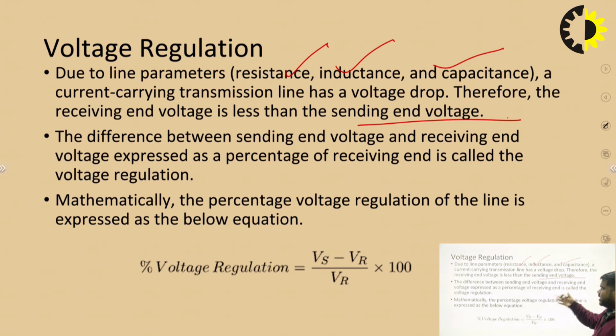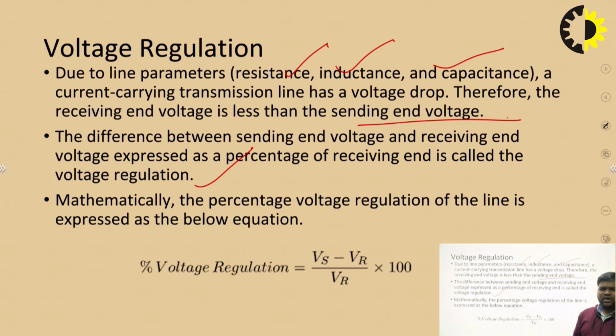The difference between sending end voltage and the receiving end voltage expressed as a percentage of receiving end voltage is called the voltage regulation.